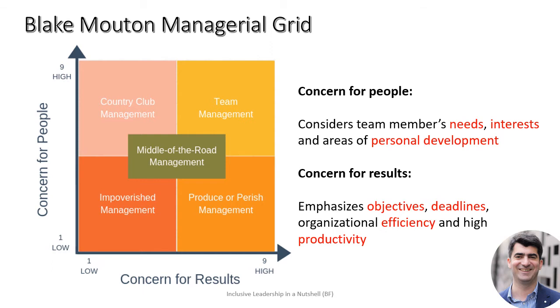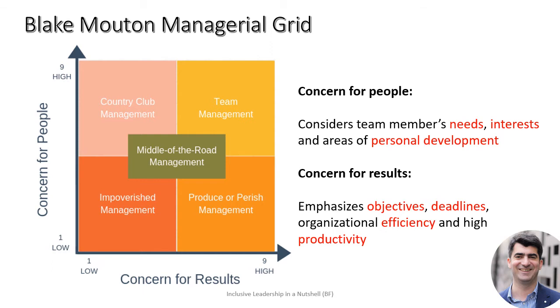When we look at the grid, it's easy to judge that the team style is the best. Now, every style of leadership has its own place. For example, there is a time when the producer style is the most appropriate, such as when a business needs to be turned around quite quickly.